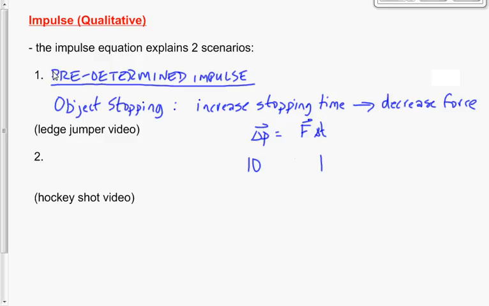Got to be 10, right? 10 times 1 is 10. Well, if my impulse is 10, it has to stay the same because it's predetermined, but my time goes up by a factor of 2, it doubles, then what's my force going to be? The impulse was predetermined. If you increase the stopping time, it decreases the force.